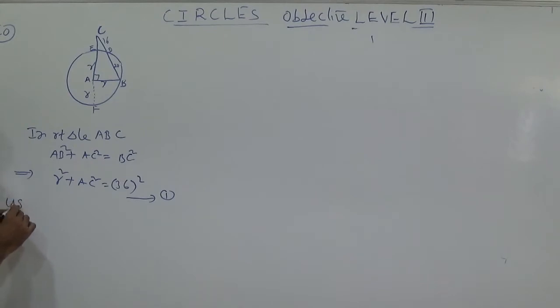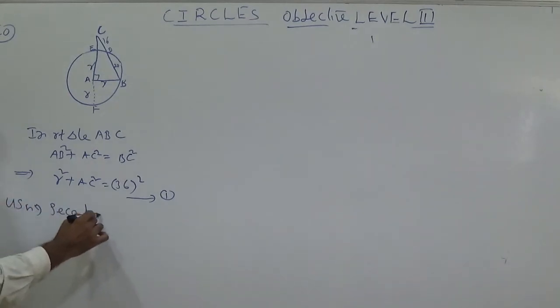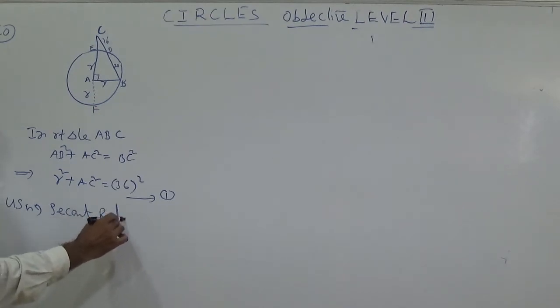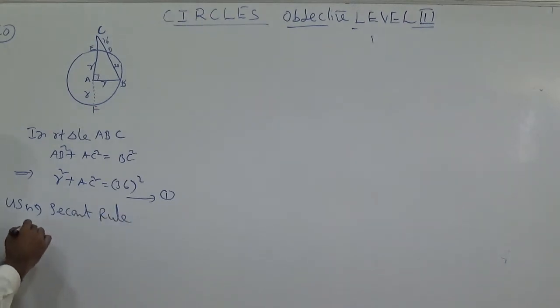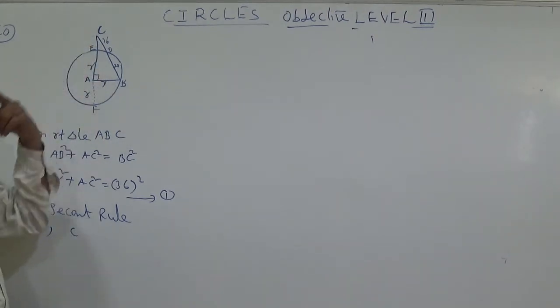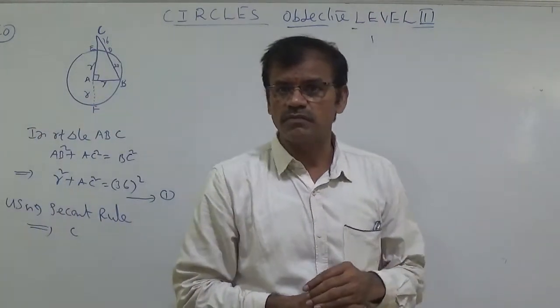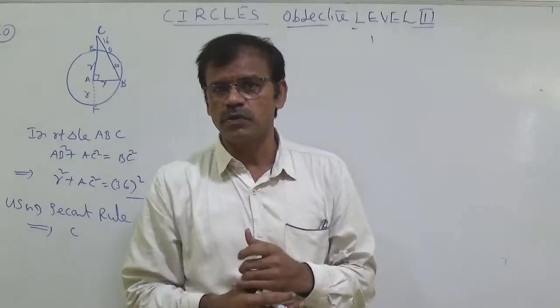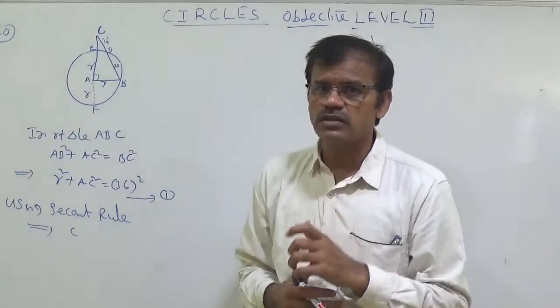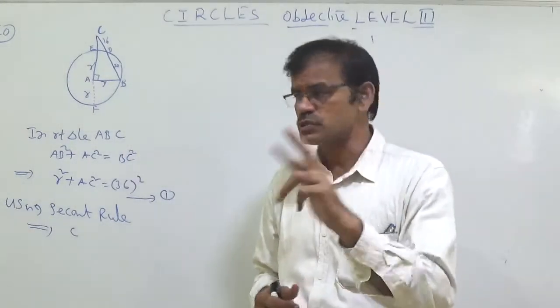Now we can write using the secant rule. What is the secant rule? Small into large is equal to small into large. If a line is drawn from an external point to the circle, intersecting at two distinct points, then small dot large is equal to small dot large for both sides.